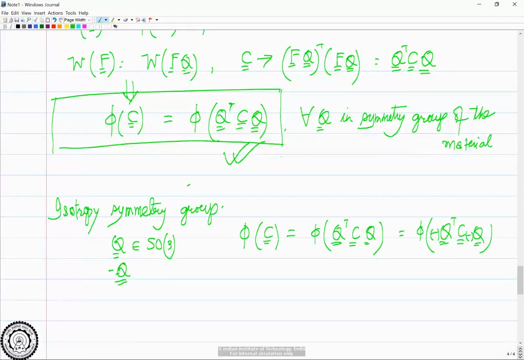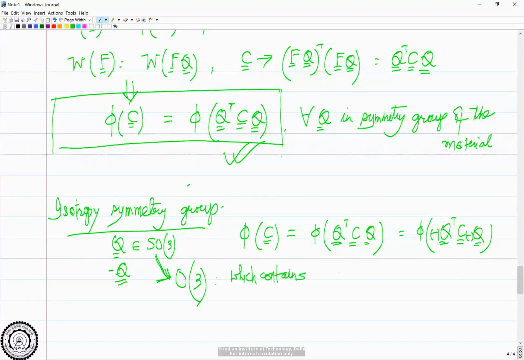Now if Q is a rotation, then minus Q is a reflection, because the determinant of Q will then be minus 1. So for the isotropy symmetry group, we could also enhance this SO3 to O3.